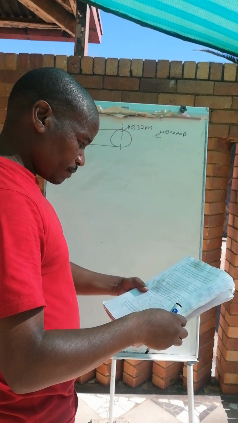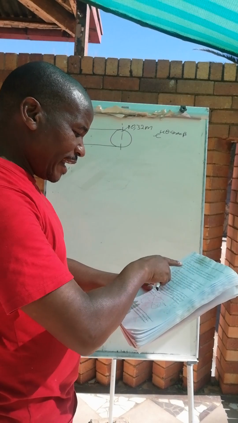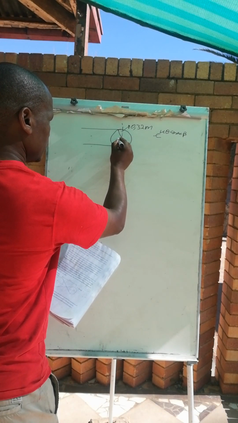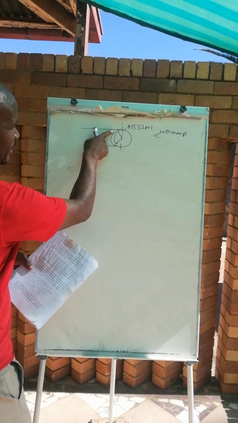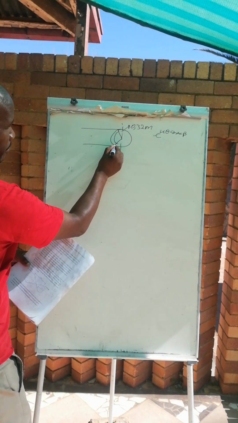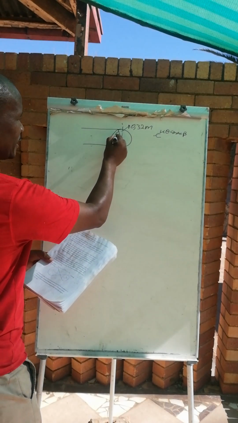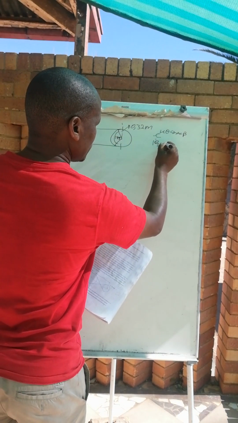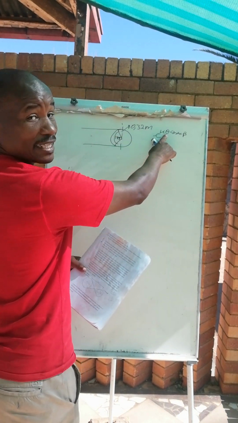And then a belt contact angle, this angle where the belt touches the pulley, they say is 190 degrees, and we said it must be in radians.